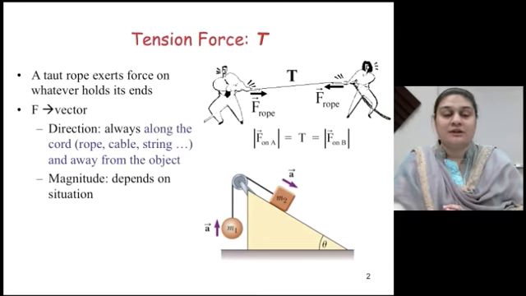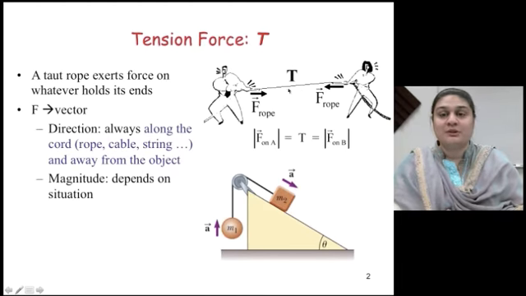The magnitude of the tension depends on the situation. So if you were to take this idea of these two people holding on to a rope and pulling on the rope, then the tensional force will be equal in magnitude but applied by two different objects, and their directions will be opposite to one another.